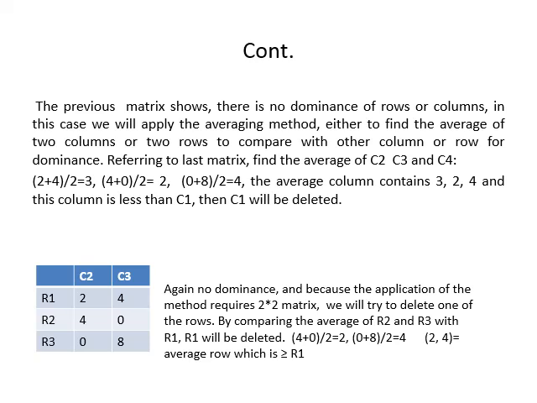So the cells of this row are 2 and 4. So the average value is more than R1. Then R1 will be deleted. The remaining rows are R2 and R3.